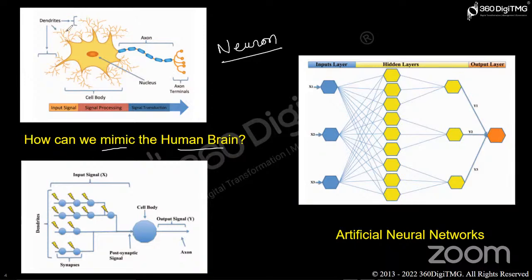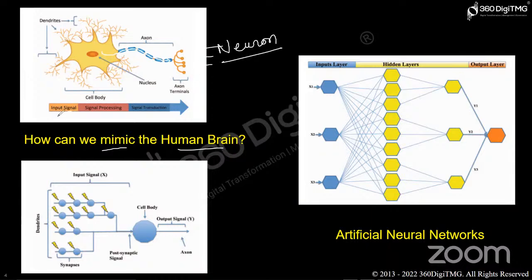The various dendrites capture all the sensations. Now these sensations are fed into the cell body, and from this cell body, various synapses are sent using the axon to different neurons.